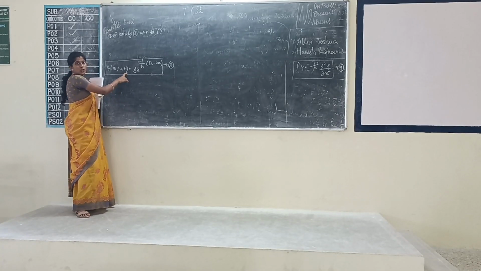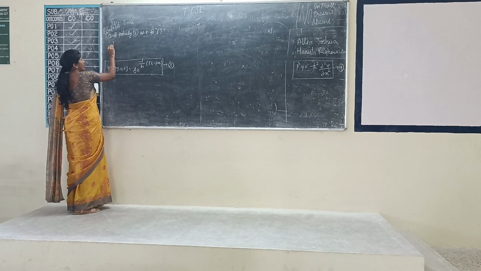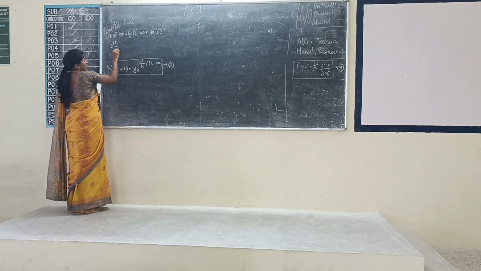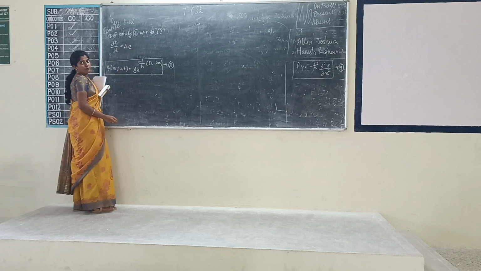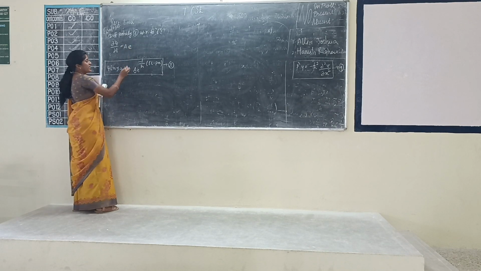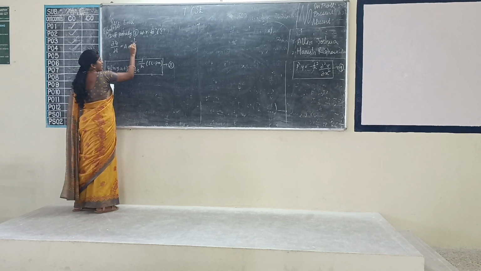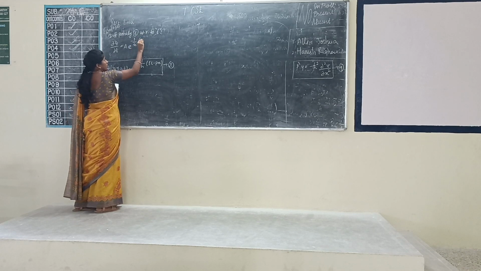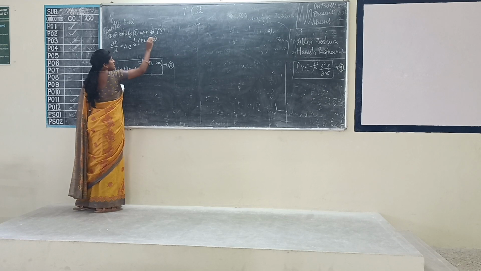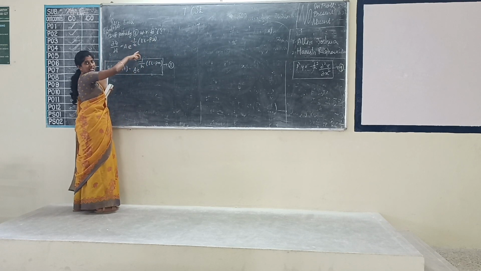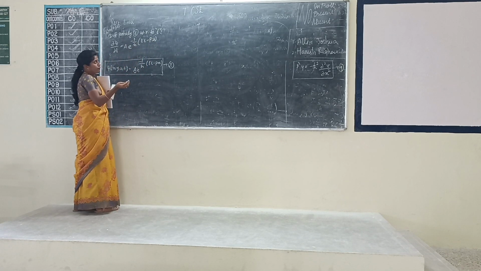Equation 8 with respect to t. So after ∂ψ/∂t is equal to A, a constant. When we differentiate e power x, again what comes? e power x, so e power minus i divided by h cross of (Et minus px). So listen, in this e power x, instead of x we are having a different term.